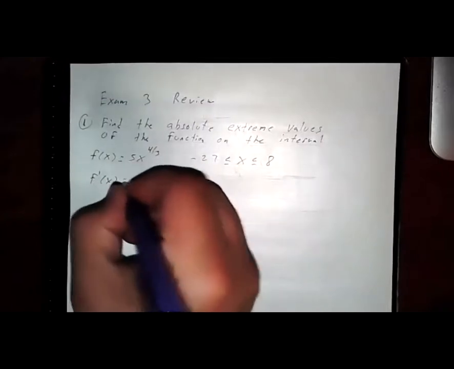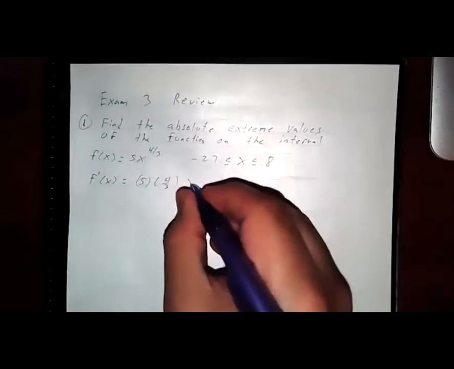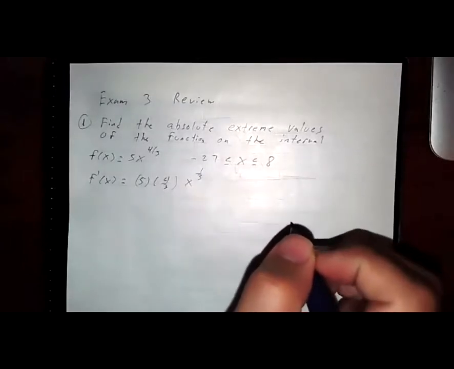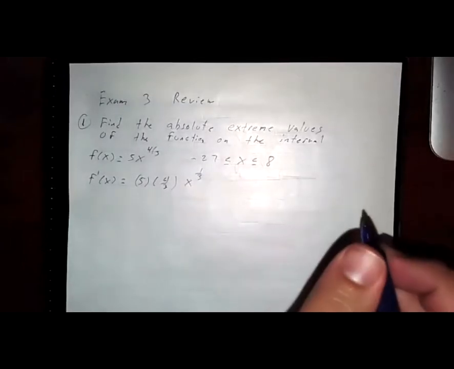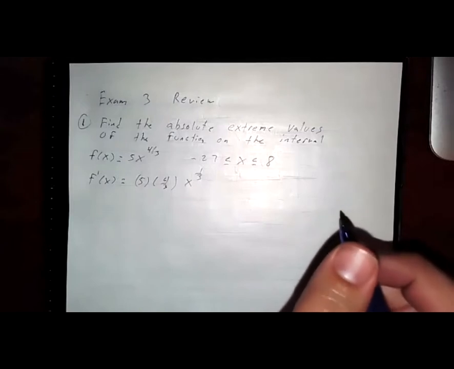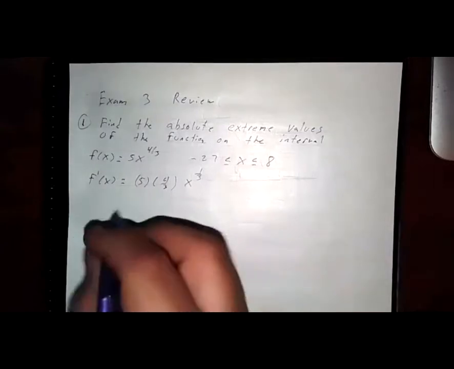The process is always take the derivative, right? That should give me 5 times 4/3 times minus 1. That'll be 1/3, right? So set the derivative equal to 0 and find your extrema values, your critical values.